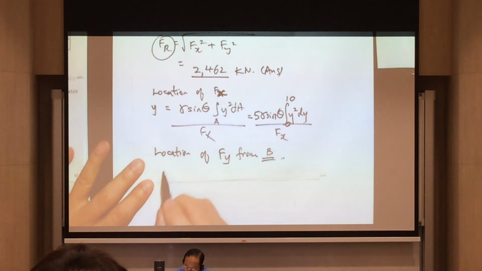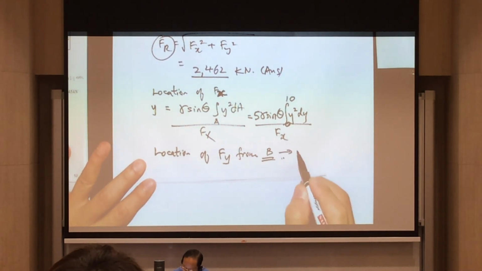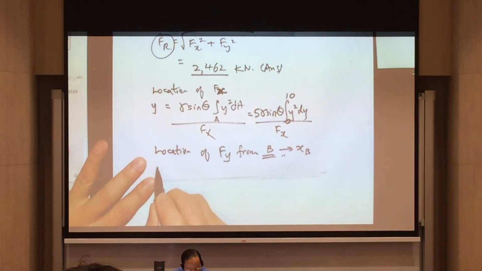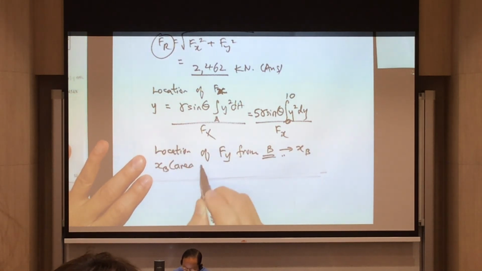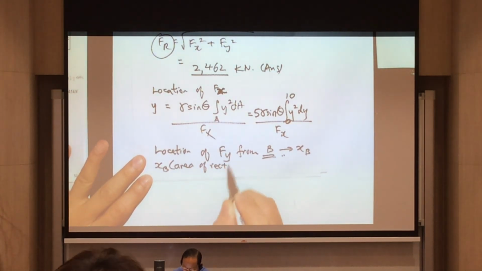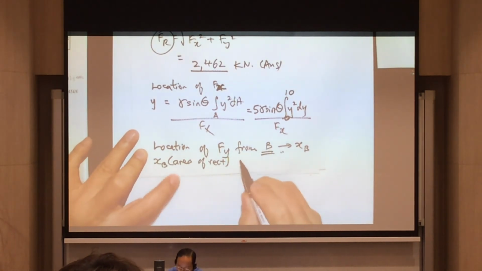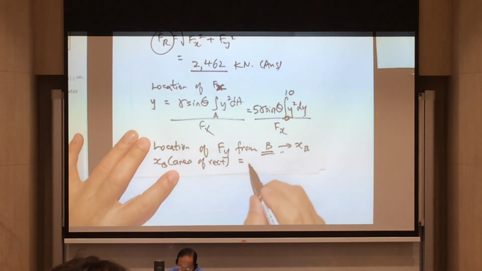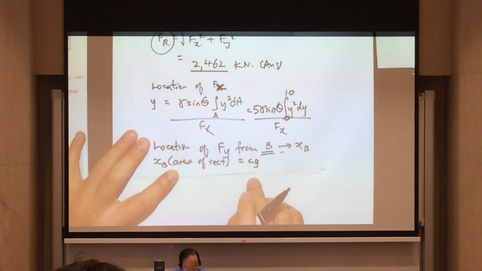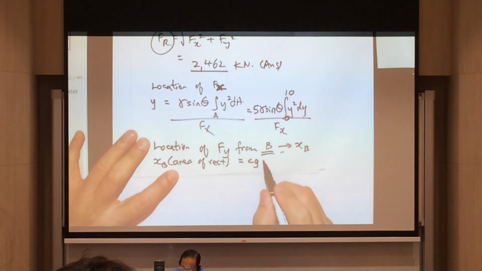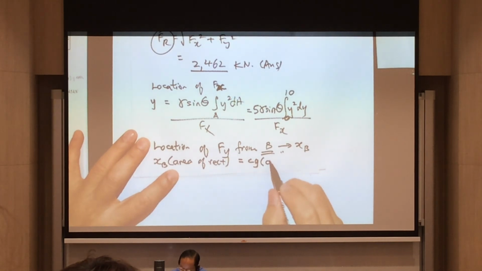Maybe call that distance xg, for example. So you set up the equation: xb times the area of the rectangle is equal to the distance of the center of gravity from one side of the rectangle times the area.